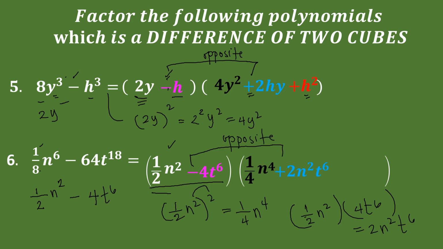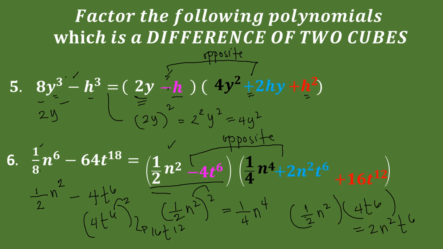Okay, and then the last term in the trinomial is simply the square of negative 4t to the 6. So what is the square of negative 4t to the 6? Okay, well, anyway, you just disregard the negative there, because as it says, we need to have always a positive sign in the trinomial set. So you square this. So the square of 4 is 16, and then the 6 times 2 will be 12.